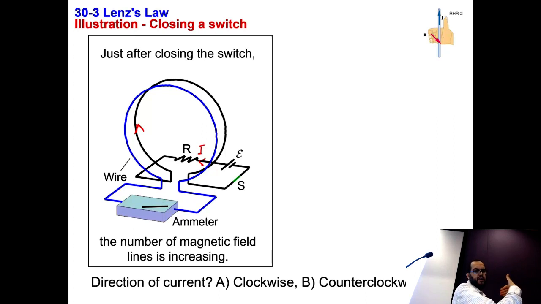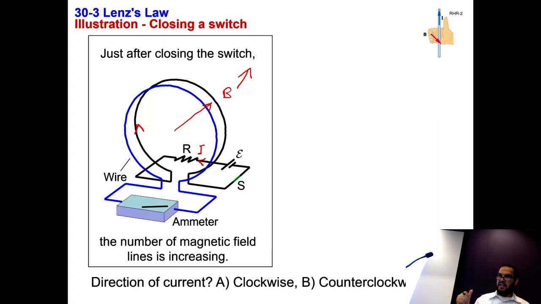If you point your thumb along the direction of the current and swing your four fingers, the magnetic field is inside. So this is the original magnetic field, and since you're closing the switch, it was open and you're closing it, so there is an increase. This is increasing during the closing. You're establishing the current, so there is an increase.